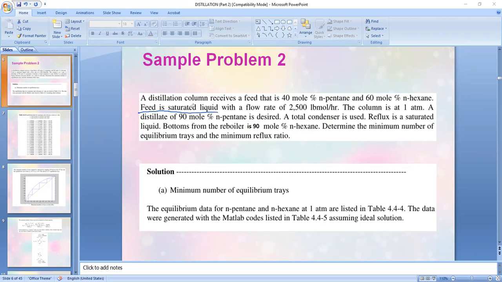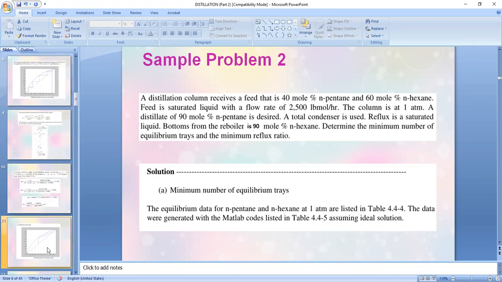This may not be so trivial to you, but when you solve a distillation problem, this phrase is very important. The one that describes your feed, a saturated liquid, tells you right away that your Q is equal to 1. If your Q is equal to 1, it's vertical and plotted right on the XF. Okay, so we'll have this here.